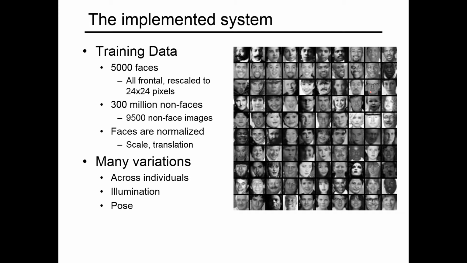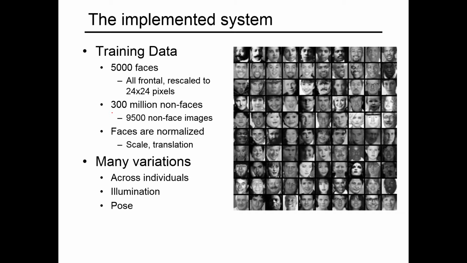This is some detail they used in the experiment at that time. They have 5,000 faces, all scaled down to just 24 by 24 pixels, and they also have lots of non-face images, like 300 million of them.